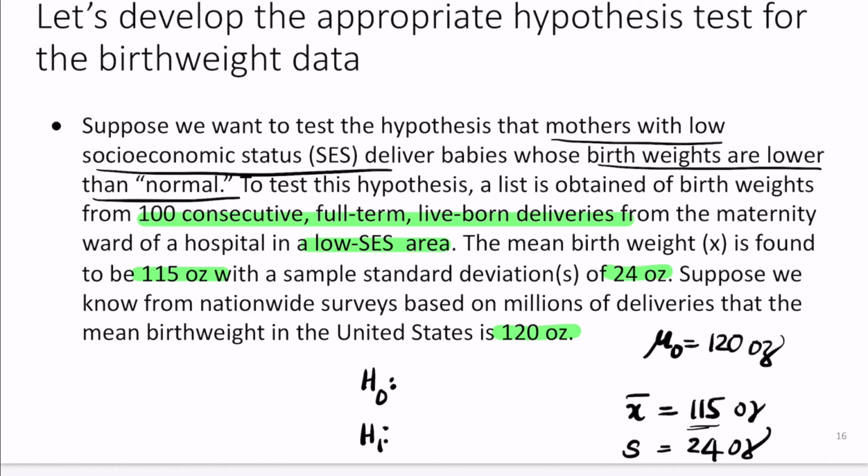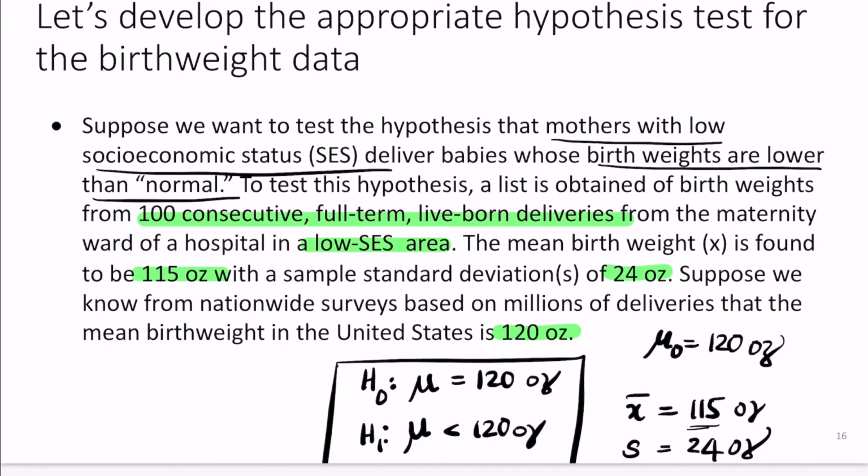H naught is the one that we are opposing, and H1 is the one that we are actually testing. So we are saying that mu is less than 120 for H1, and for H naught, we are saying that mu is equal to 120 ounces. These are the two hypotheses, and we have n equal to 100.